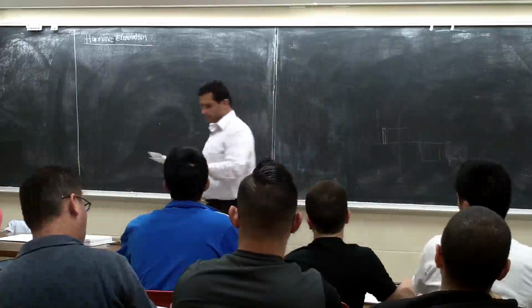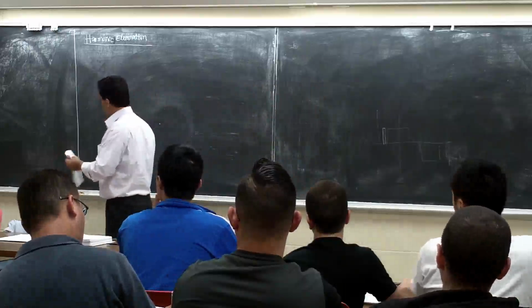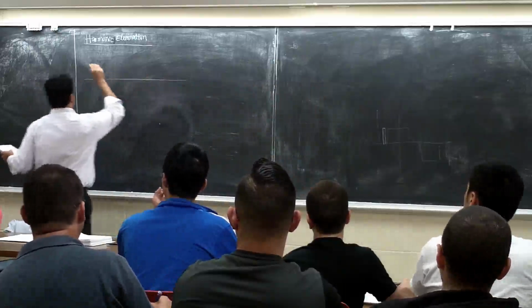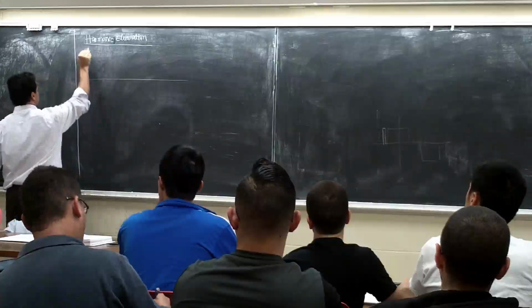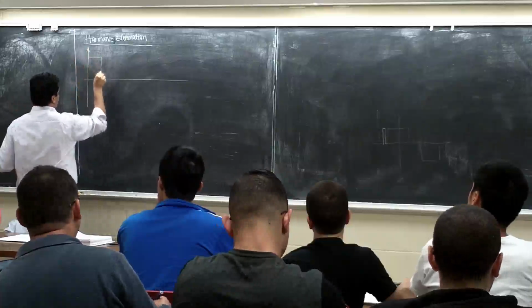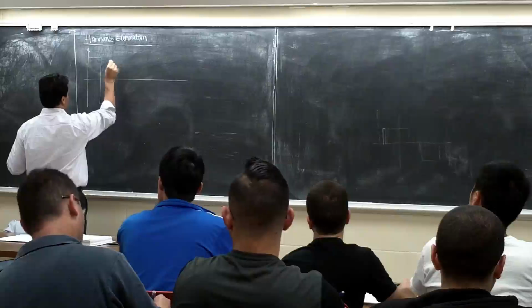Now let's look here. So let's say if we have a waveform like this, in general. This is with 1 notch.